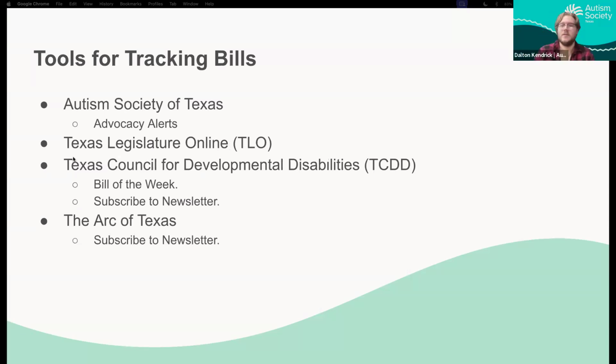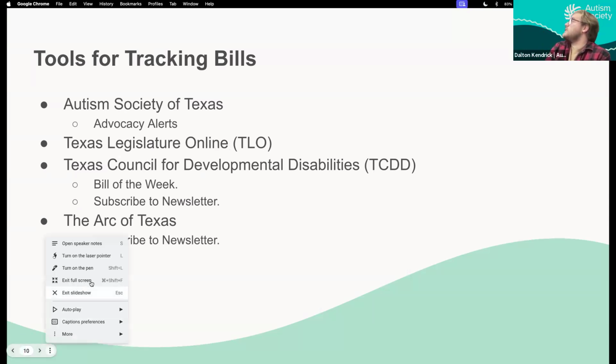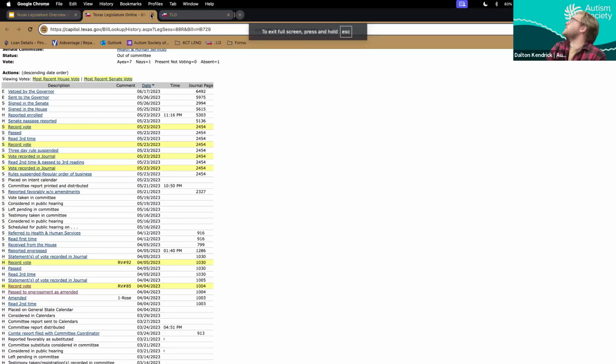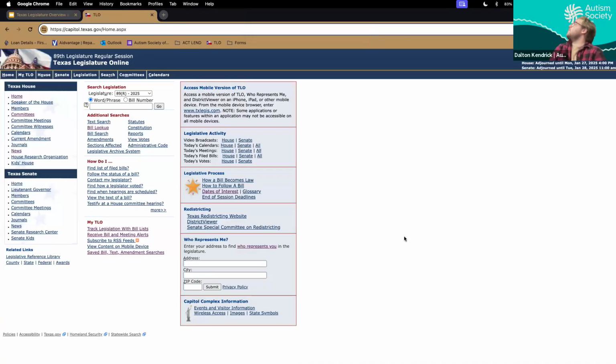Awesome. Okay. What I'm going to do is close the slideshow and show you TLO, which stands for Texas Legislature Online. It is a fantastic resource. If you just go to capitol.texas.gov, it'll pull this up, or you can look up Texas Legislature Online.